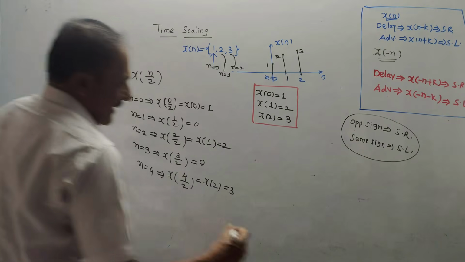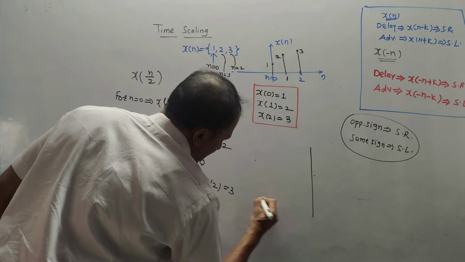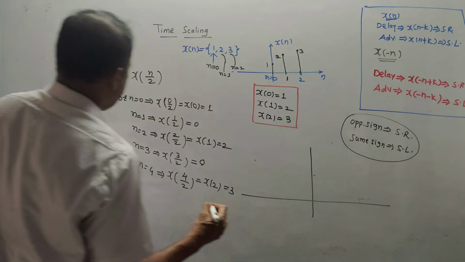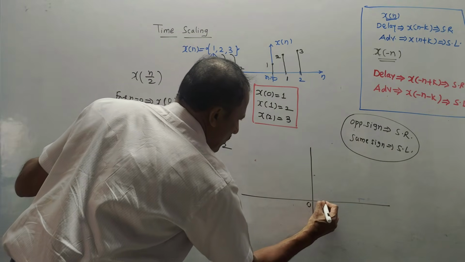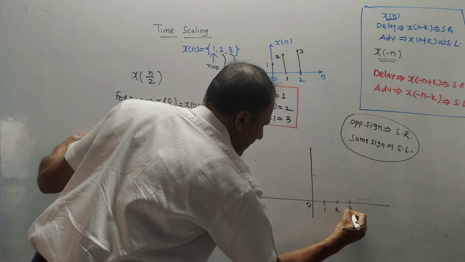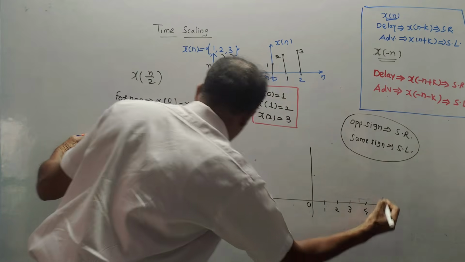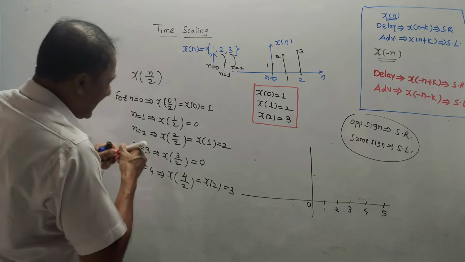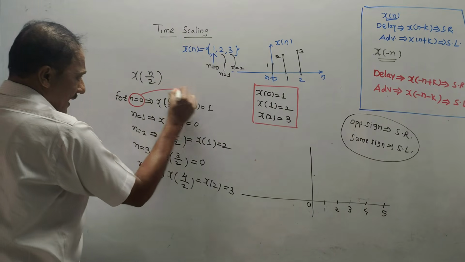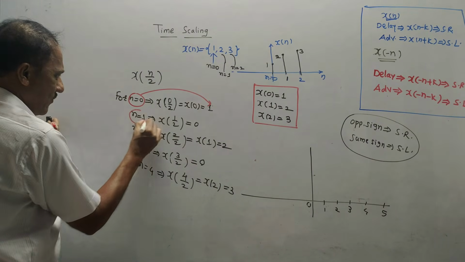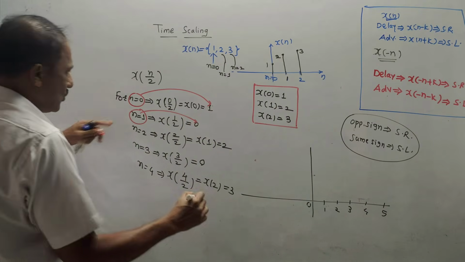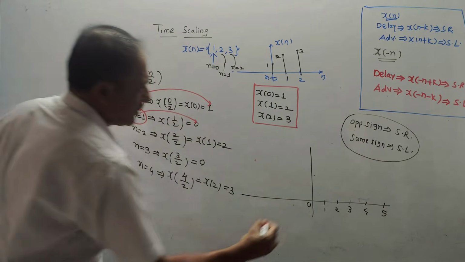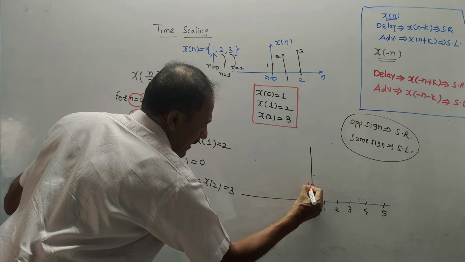How to plot the diagram? Again, same logic. Mark some readings like this: 0, 1, 2, 3, 4, 5 and so on. At 0, amplitude is 1, mark a pulse of amplitude 1.